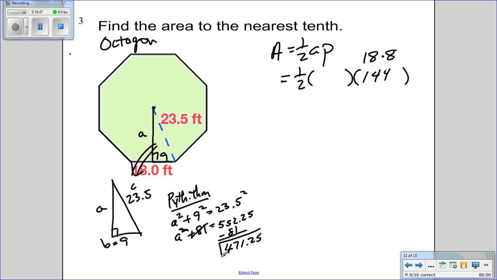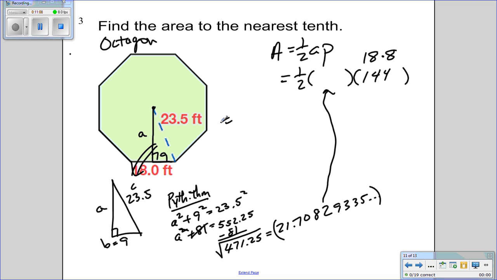And finally, I can square root that. Now we get quite a long decimal here. We get 21.708293335, and it probably goes on forever. This is our apothem, so I'm going to plug this in up here.